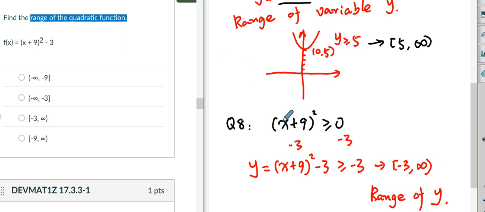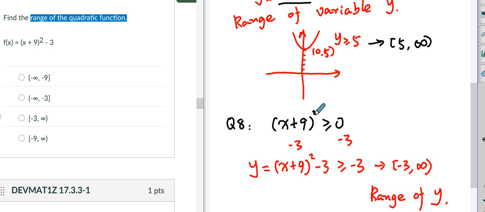We know whatever you put here for x plus 9, you square that number, you always get greater than or equal to 0. Of course, in this case, you plug in -9, you will get 0. -9 plus 9 is 0. And you square that number is 0.